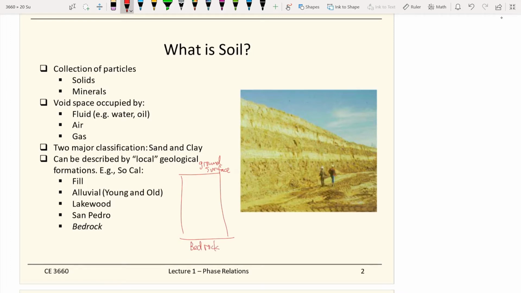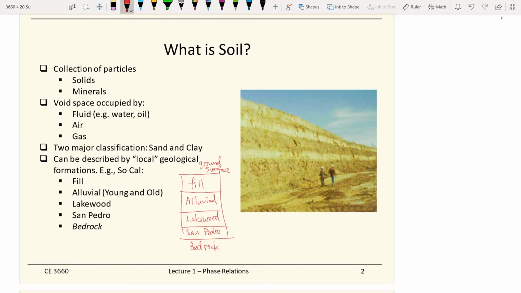In an overall picture, according to the geological formations in Southern California, right above the bedrock you will have the San Pedro formation, and above it you have the Lakewood formation, and above it you have softer materials, the alluvial soils, which are made up of the young alluvial soils on top of the old alluvial soils.